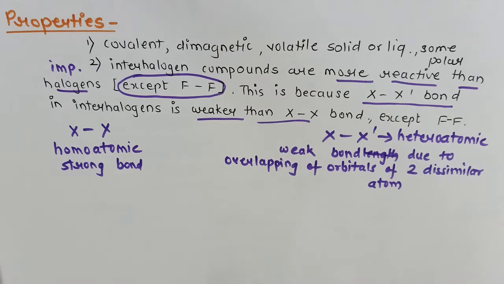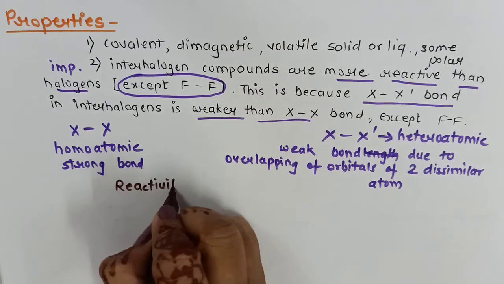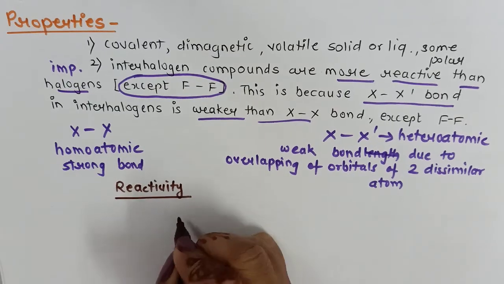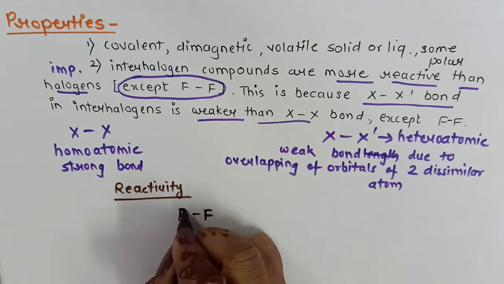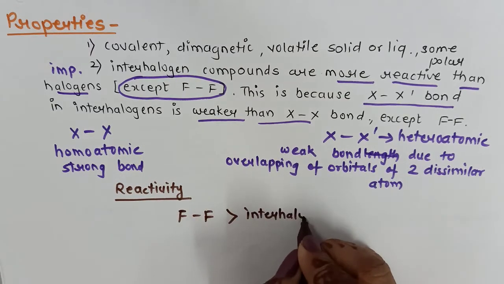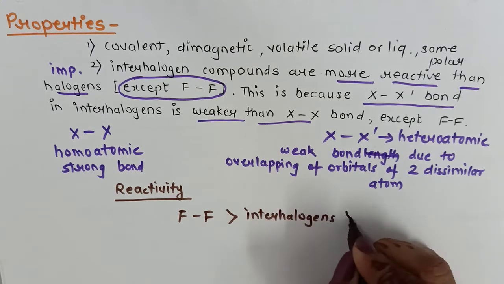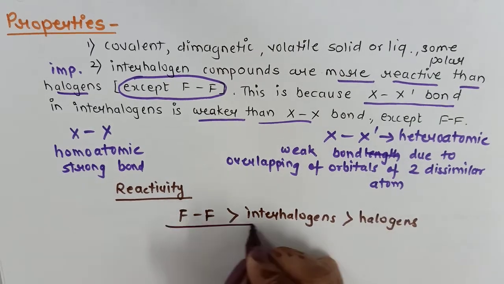So overall, if we consider the reactivity, the order of reactivity will be fluorine being the highly reactive one, interhalogens follow fluorine, and halogens are the least reactive one. Remember this sequence.